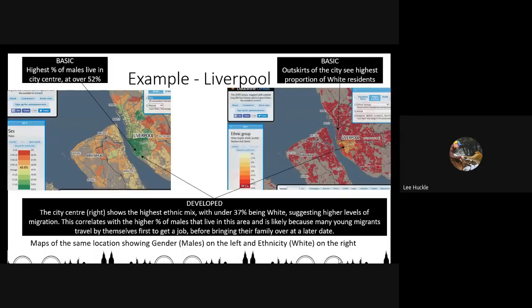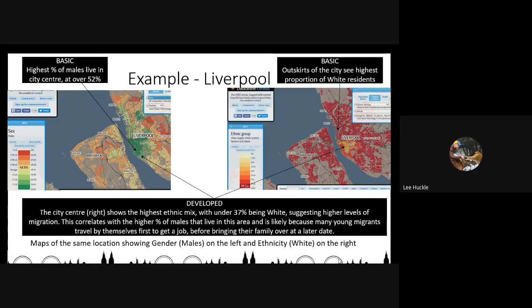And you can see from these screenshots here, on the left-hand side, we were looking at the sex makeup of the area. So the highest percentage of males live in the city centre of Luton. You can see that from the dark greens. And on DataShine, you can hover over the different areas to get the exact data. And then moving outwards towards the outskirts of Luton, the darker red areas, you had a lower percentage of males.